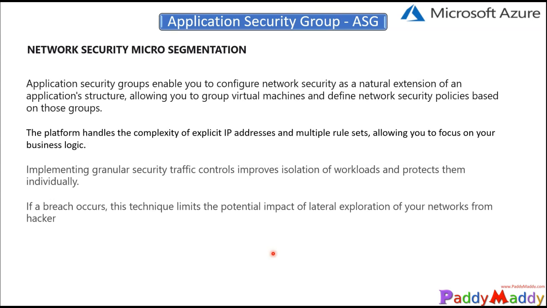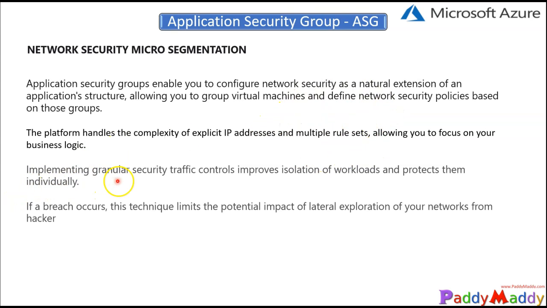For now, let's understand what exactly this is. I said that network security micro segmentation is nothing but your application security group. It is more focused on the business logic of your applications and the service logic, not on IP traffic or IP address filtering or any other rule settings.